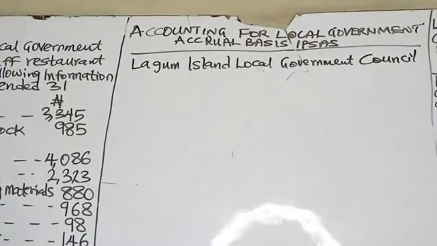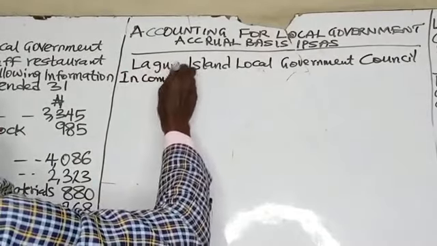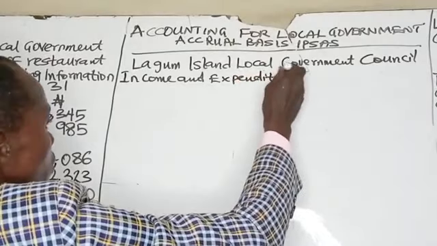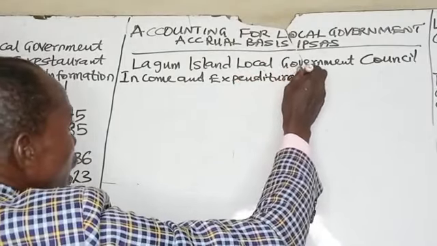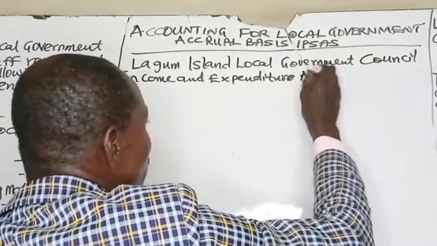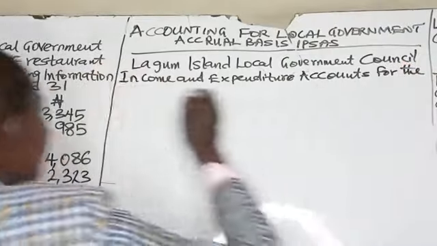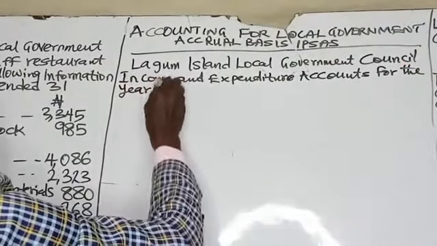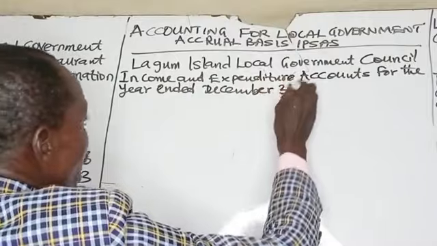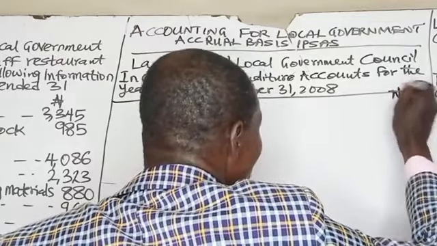You are to prepare the income and expenditure accounts for the year ended December 31st, 2008. So you start with the items of income.